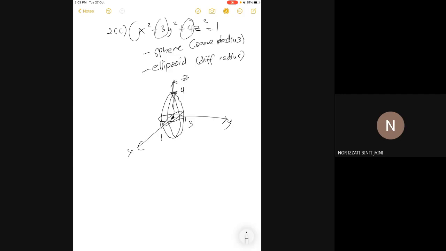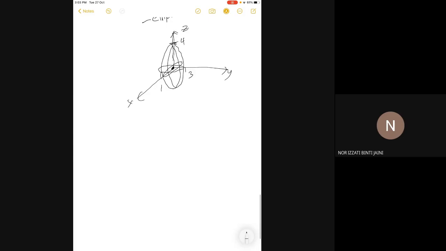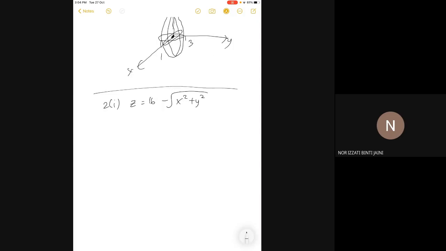A, B, C, D, H, I. 2I. Okay, so sekali lagi square root, so it will be half of the original surface.